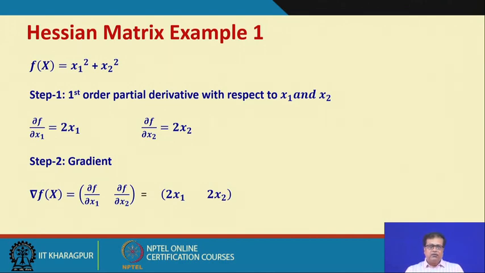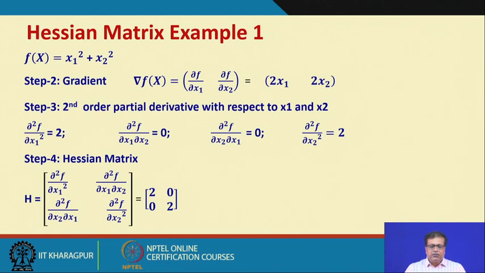I hope you have now understood what the Hessian matrix will be. So, let us see what it is. We have the function x 1 square plus x 2 square and we have taken the gradient, and the gradient has come out to be 2x1 and 2x2. Now, we compute all these 4 terms. The first term, as you have seen, del square f del x1 square is 2, because this value is 2x1.